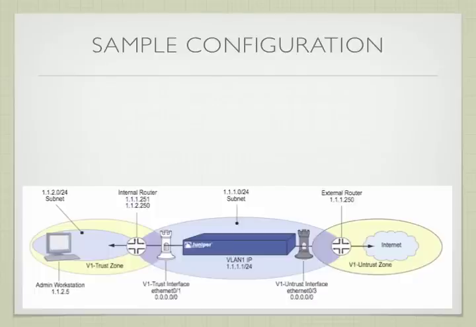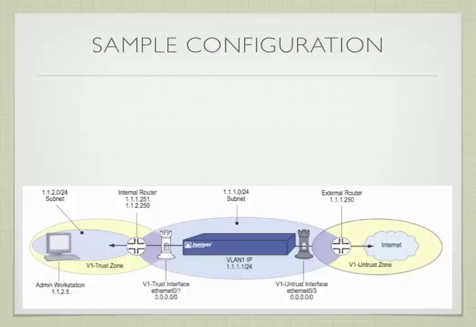So we've inserted this device into this network. The interface domain is 1.1.1.0/24. So that's our broadcast domain.